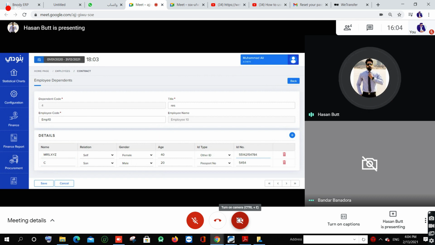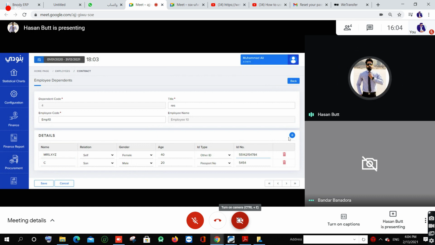We will add these dependents to our employee, and we will see whether our employee has two, three, or four dependents in his family. Because as you know, some companies give more allowances to an employee because he has more dependents. He has a big family, so the company gives him some allowances and some funds as well.